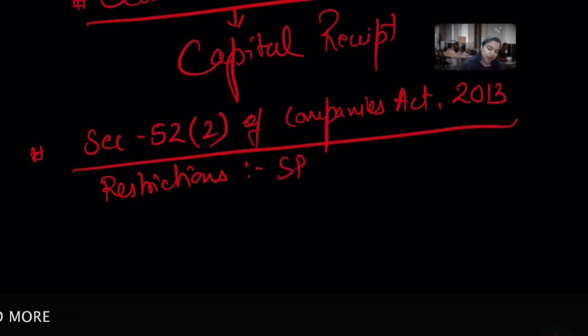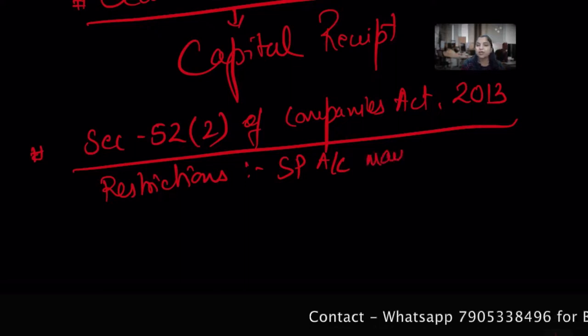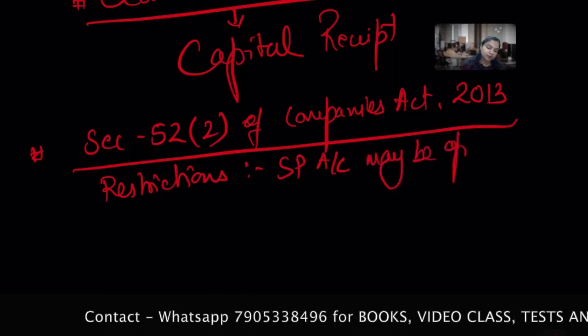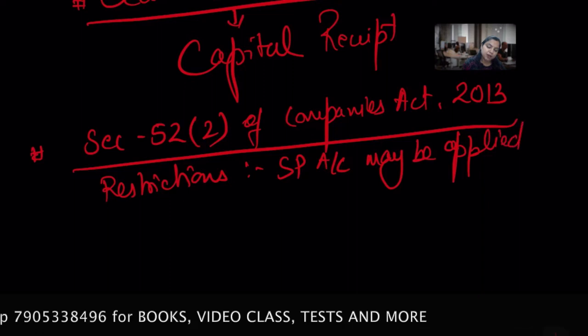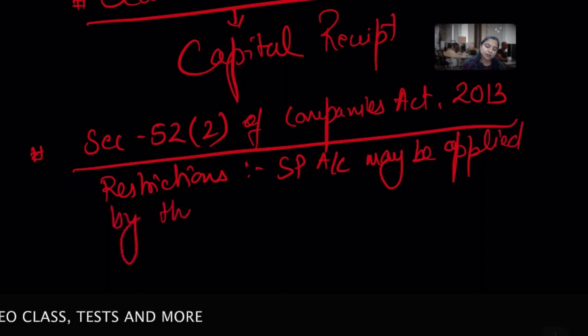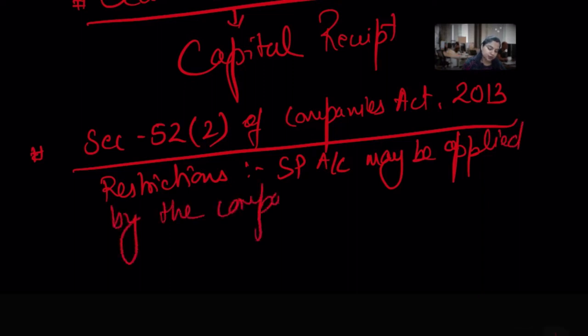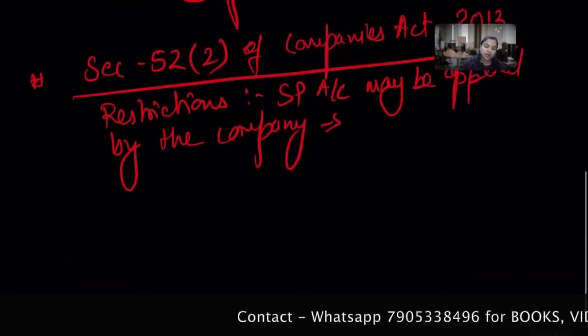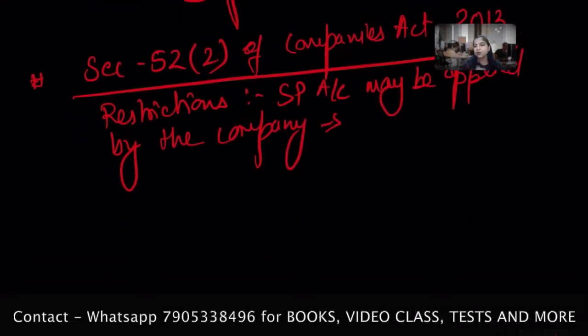Under Section 52 subclause 2 of the Companies Act 2013, the Securities Premium Account, I'm writing SP, may be applied by the company. It's a theoretical portion of the Companies Act, so I'm giving it as extra knowledge.